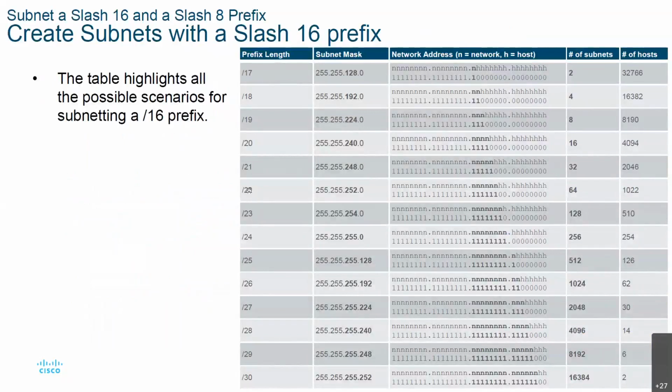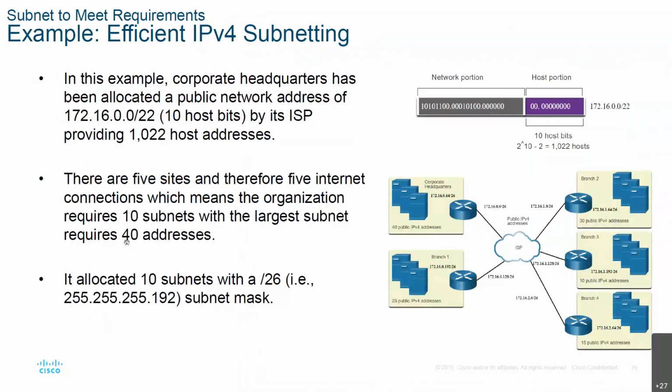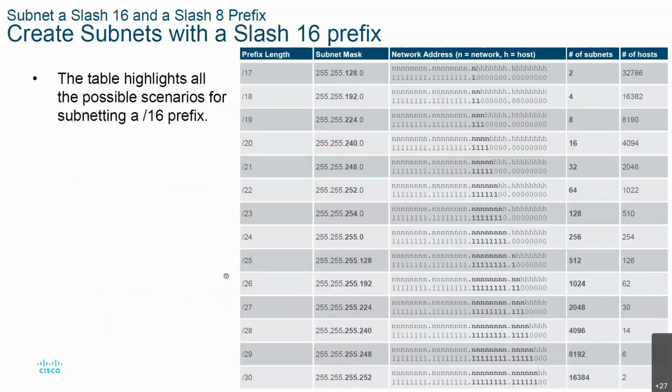So we were here. Now we are going to make it /26. There, 62 addresses. Can we make it /27? Yes, but the problem is only 30 addresses, and here it says we need at least 40 addresses. So which is the better option? Obviously, /26.